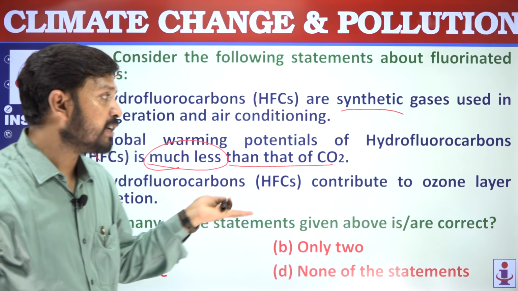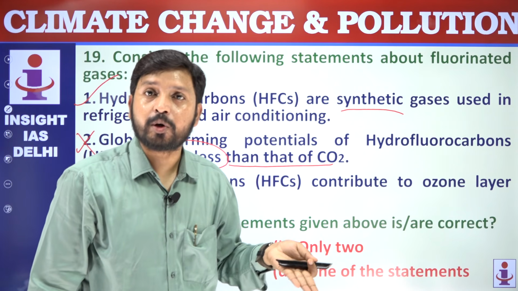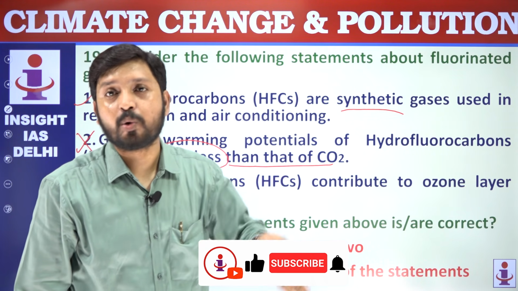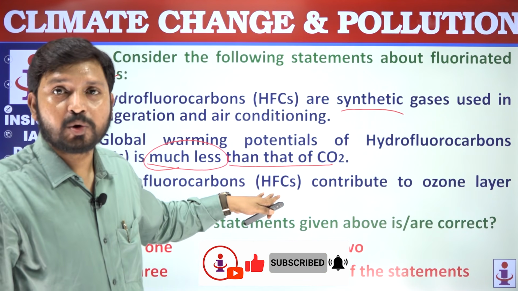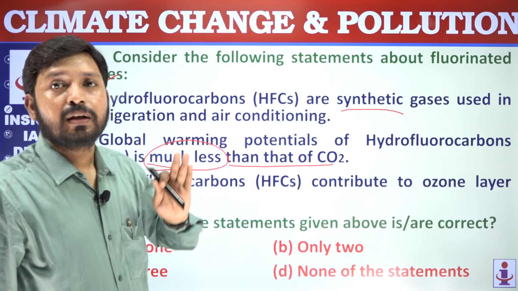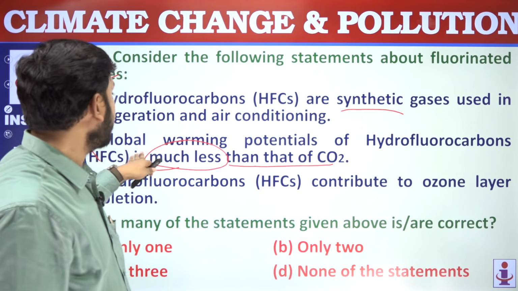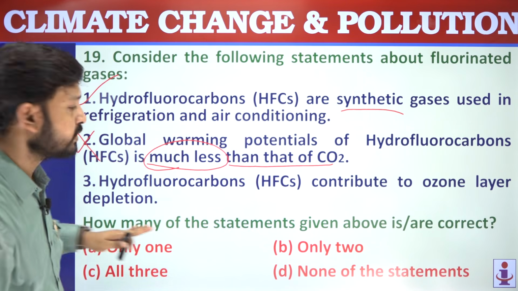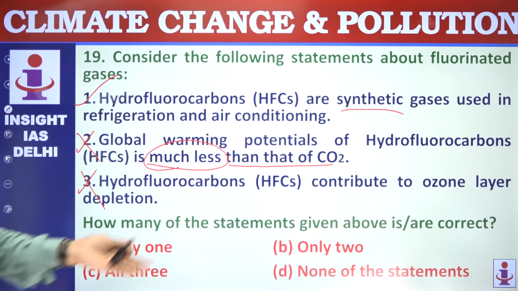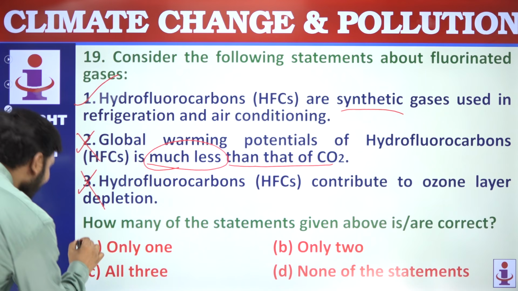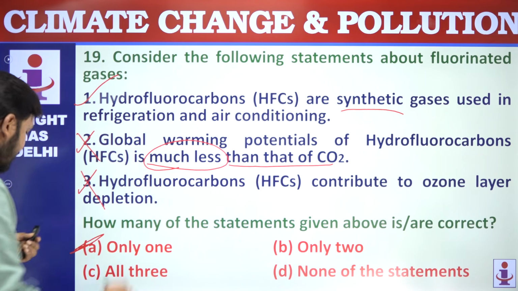This hydrofluorocarbon is used as a replacement to chlorofluorocarbons, because chlorofluorocarbons are ODS, ozone depleting substances. So this is not contributing anything to the ozone hole. But it has one of the highest global warming potentials. That is a greenhouse gas. So this is the wrong statement. So only one is correct, and they are asking the correct one. So only one means in option A only one is there. So A is the right answer.